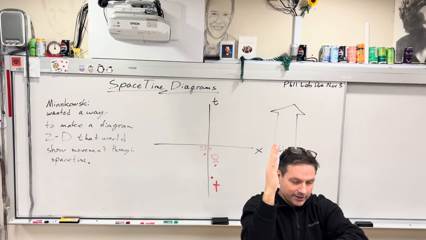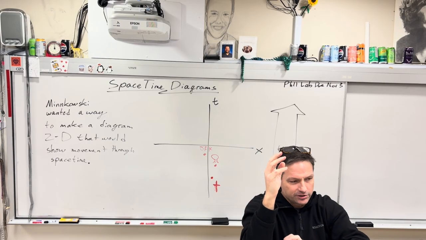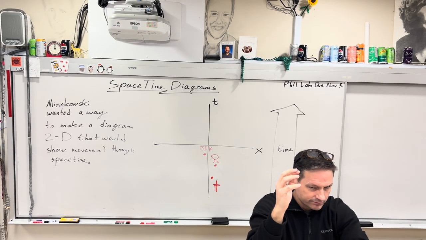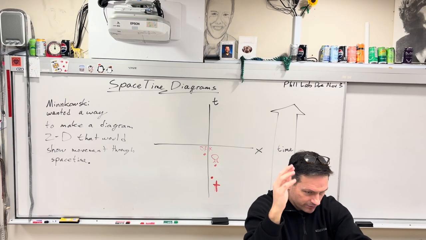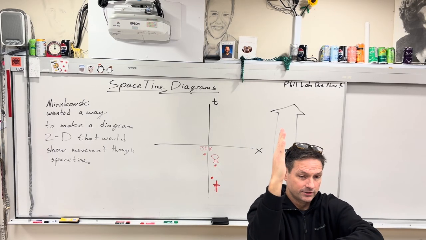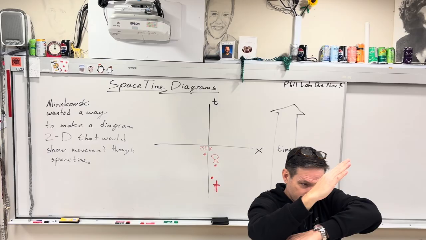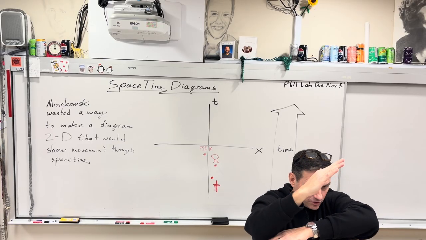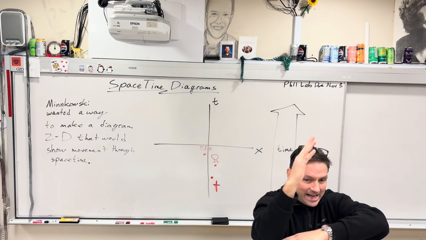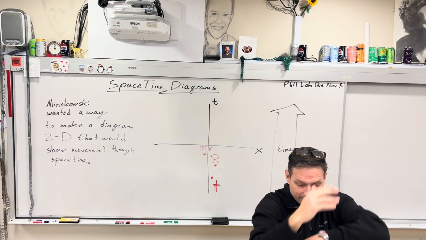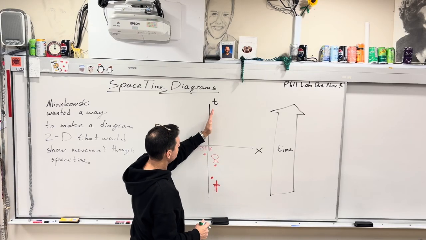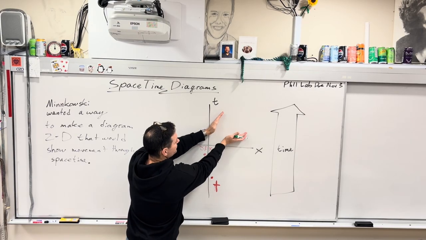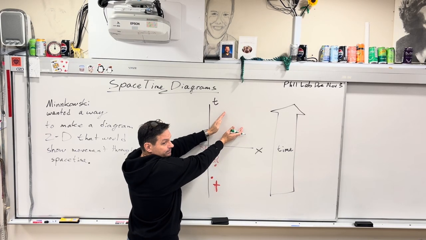That's not a change in your motion, that's time itself changing. So your axes go like this. It's not you changing, it's your axes changing. If you move fast, space is going to tilt and time will also tilt.